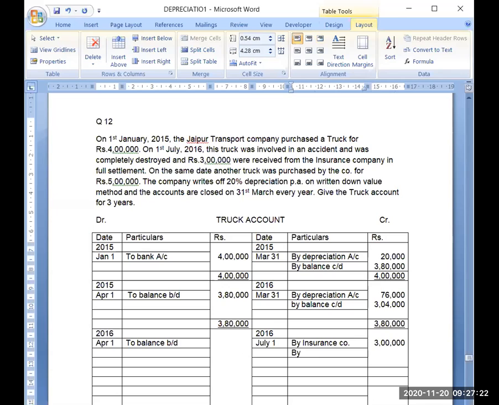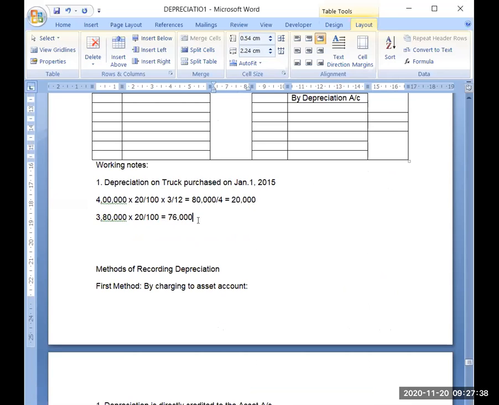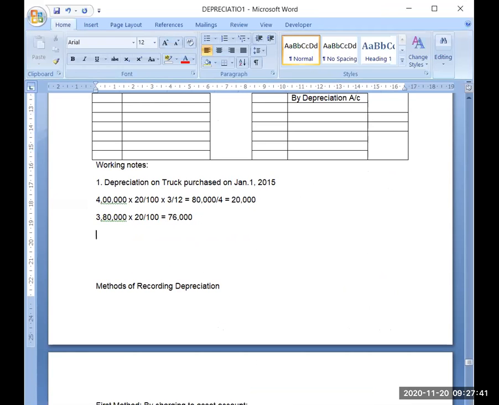And now we will charge 3 months depreciation by depreciation account. The written down value opening balance is 3 lakh 4,000. So on this value we will be calculating the depreciation: 3 lakh 4,000 multiplied by 20 upon 100 and multiplied by 3 upon 12.